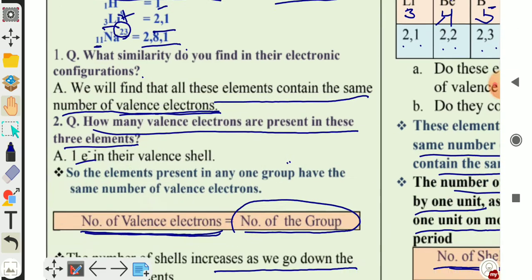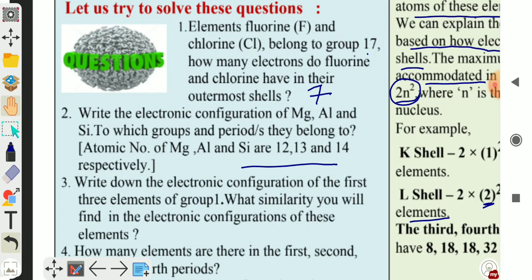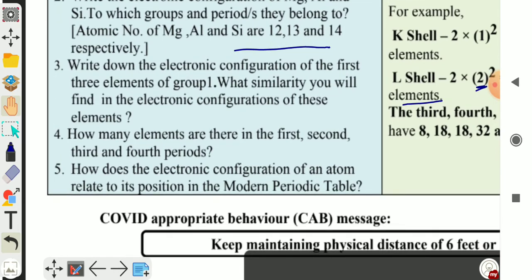Your next question is: how many elements are there in the first, second, third and fourth period? So the maximum number of elements: in the first period 2 elements, second 8, third 8, and fourth 18.